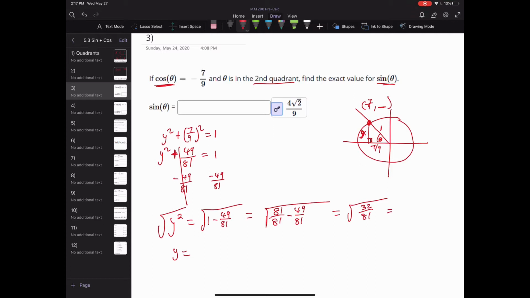And when doing radicals and you're dividing, you have a quotient, a fraction inside. You could kind of split it up like this. Square root of 81 is 9. Now we could simplify radical 32, and I'm just going to do that here using a little tree diagram. I know 8 times 4 is 32, and I know this could break down into 4 times 2.